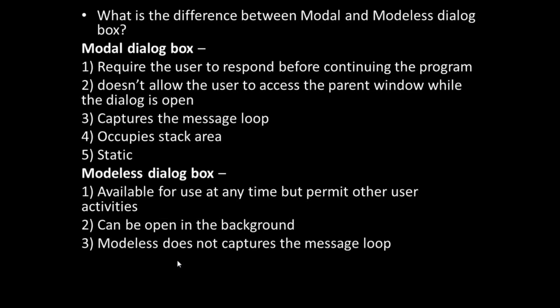That means your parent window also will have its own message loop, and your modeless dialog box will also have its own message loop. The main memory that it occupies is the heap area. That is why we create a modeless dialog box using the new function, and it gets created dynamically, whereas a modal dialog box is created statically. So how do you create a modal dialog box?